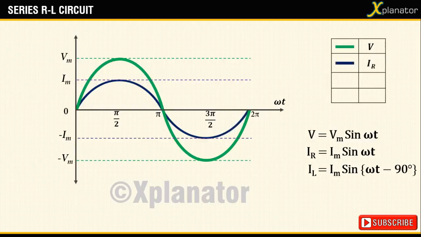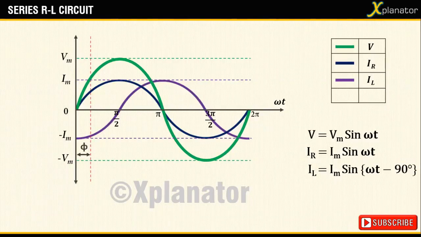Talking of inductor, it lags by 90 degrees, hence it starts 90 degrees after the voltage wave. For RL, the phase angle is phi, determined by the values of XL and R. So it will be some value between 0 and 90 degrees. So the current wave will look like that shown in the red color.